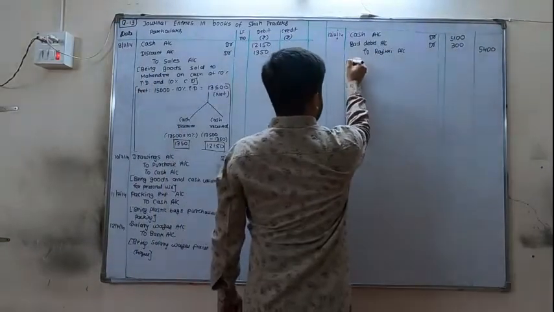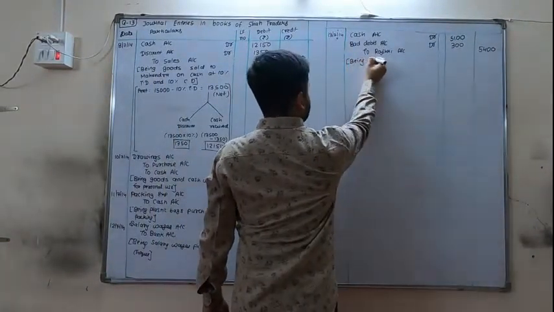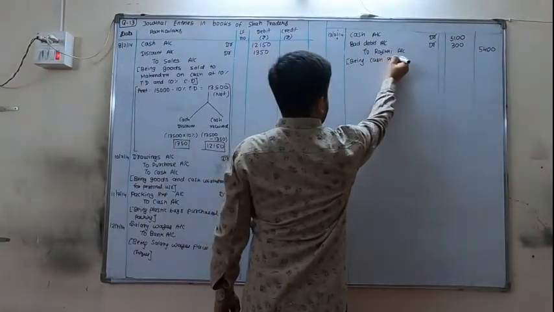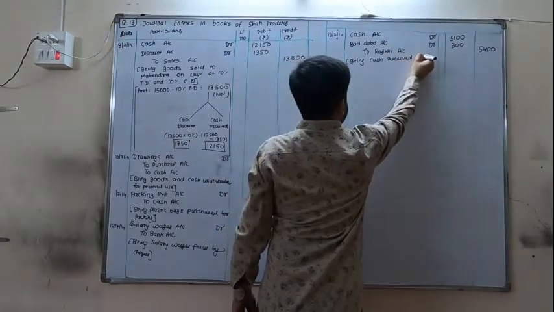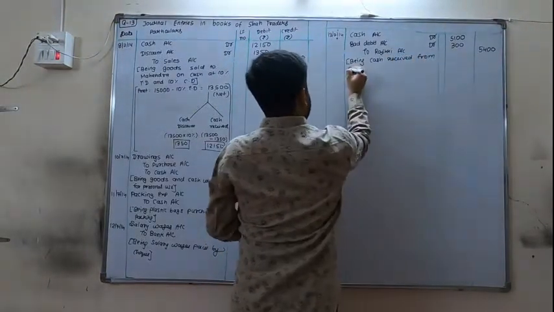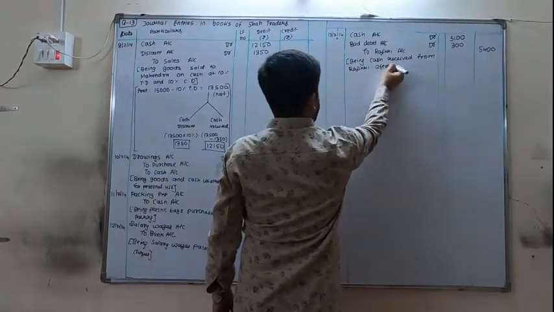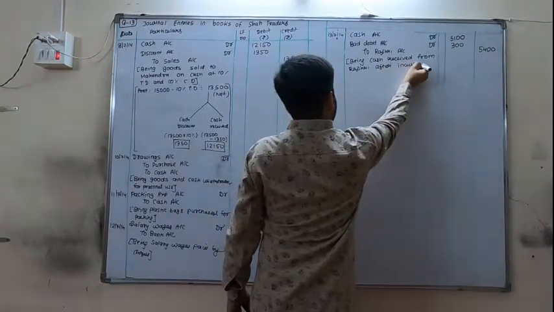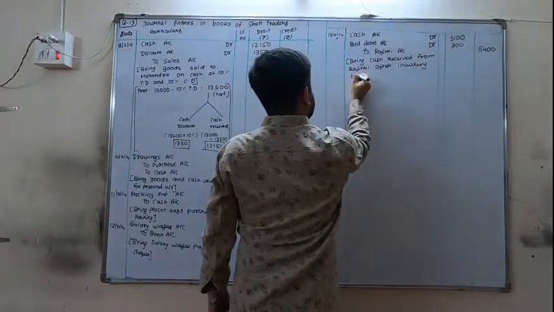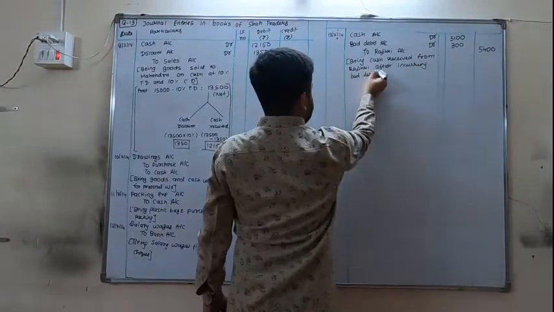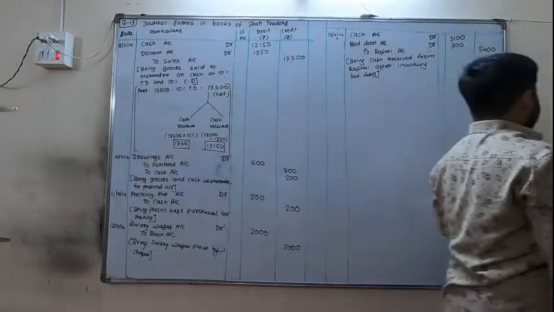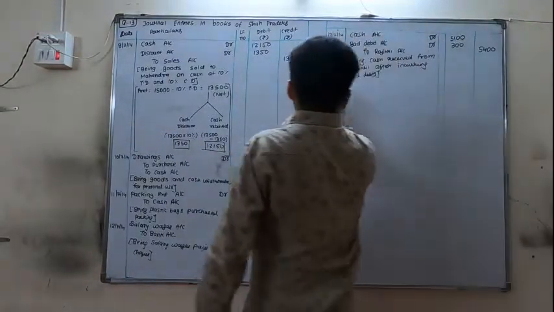Narration: cash received from Rajshri after incurring bad debts. Next date is 14.